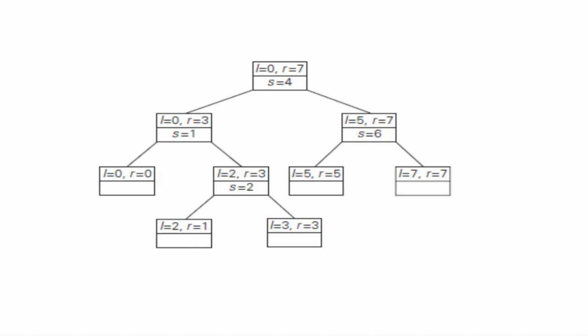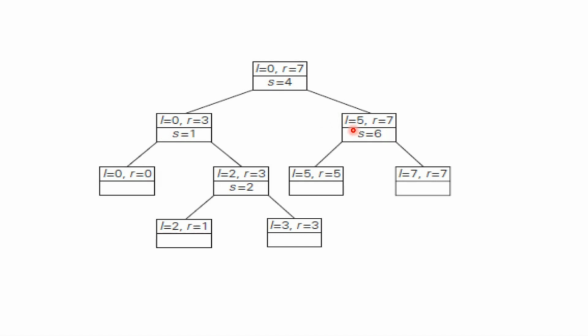Let us see the tree of recursive calls for the example we have done. We have the list of 8 elements starting from left index 0 and right index 7. So in the first case, we have made a partition at s is equal to 4. So next we made a recursive call in order to sort the left subarray and right subarray.